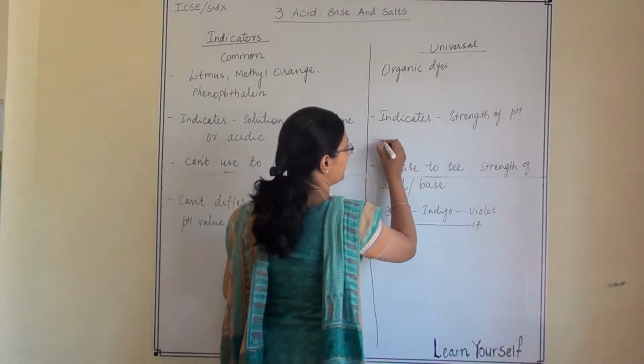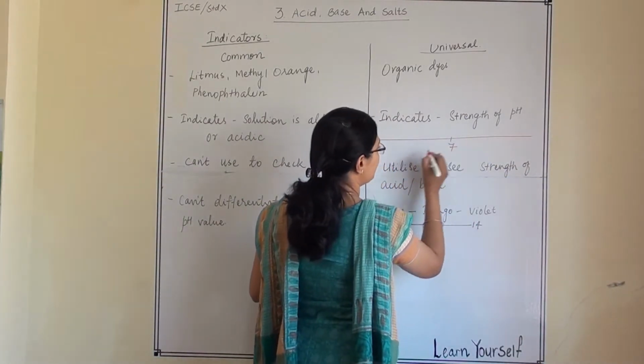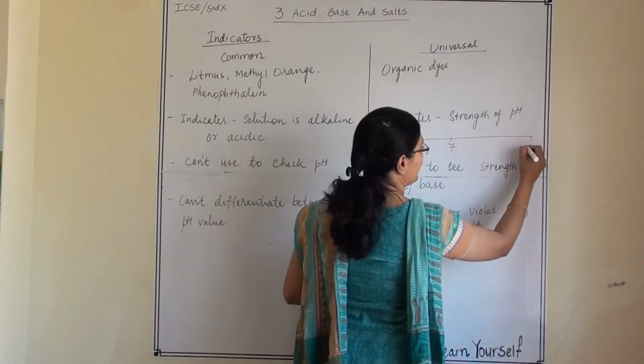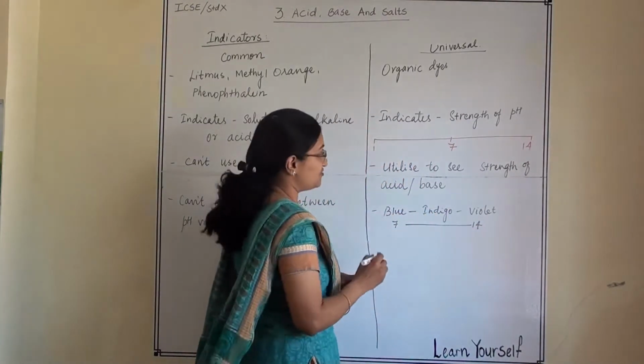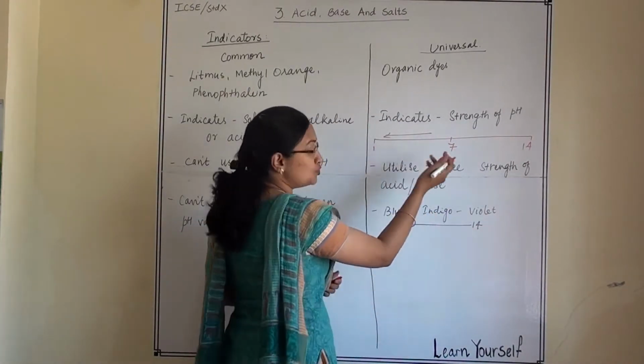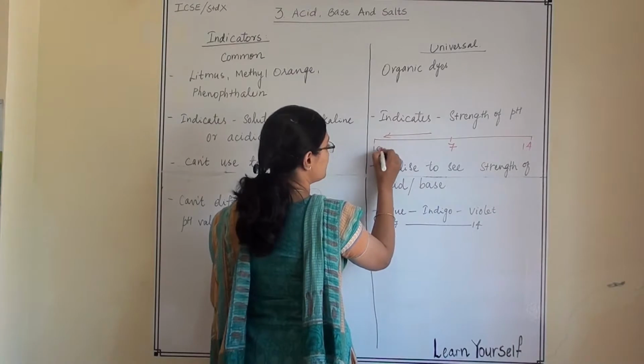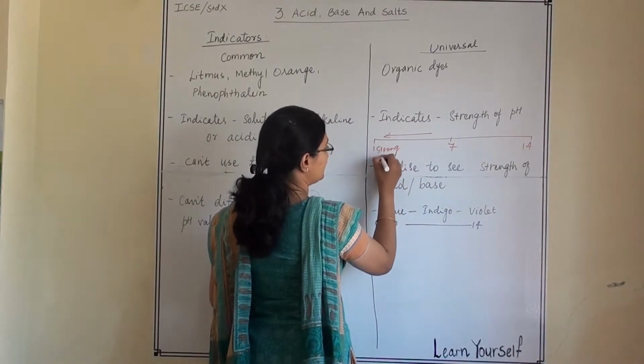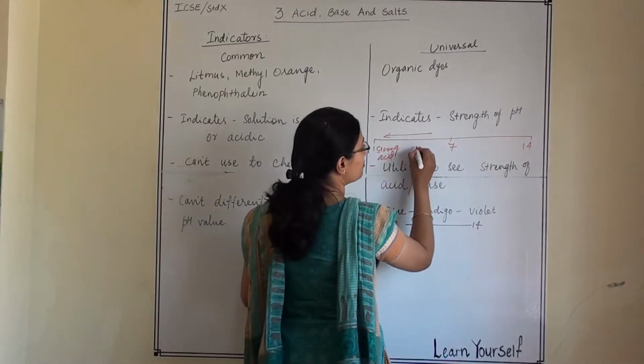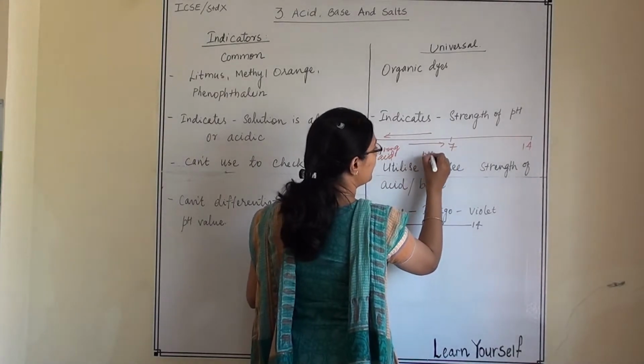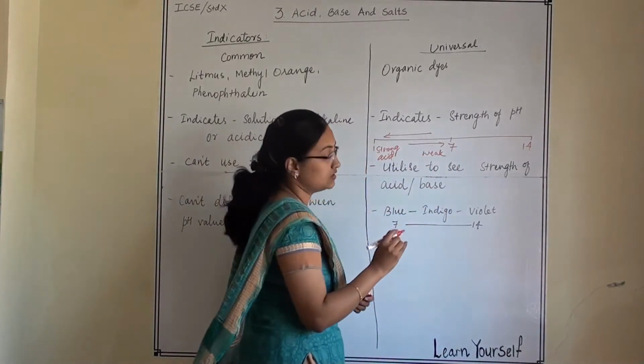For example, again, here it is a 7, here it is a 1 and here it is 14. This is our pH range. If it goes towards 1, then it is strong acid. If it goes towards 7, it becomes weak and weaker.